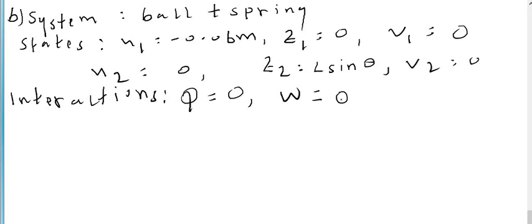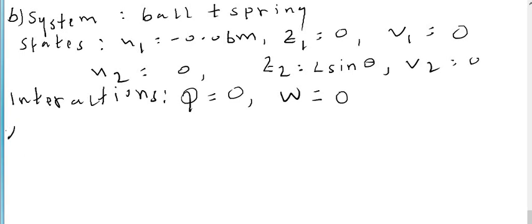But for this, besides the ball and spring, nothing will do work in the system or outside it. Every process takes place inside the system, that is the spring and the ball. So work done is 0 and the heat is 0.